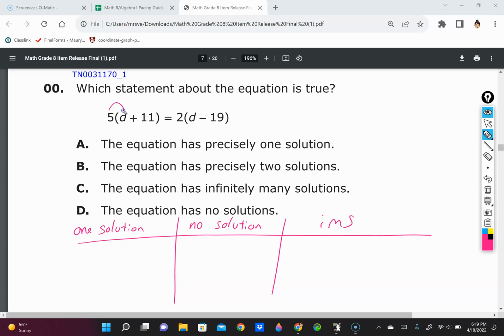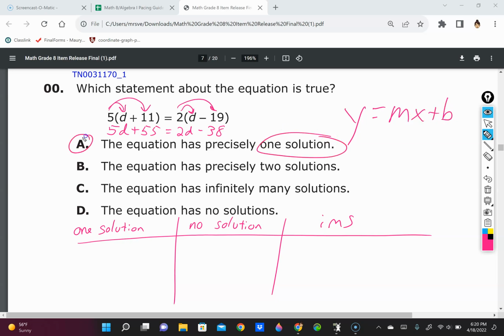In this particular example, when I distribute in the 5, I get 5d plus 55. On the other side, when I distribute in the 2, I get 2d minus 38. Notice that your slopes, and I'm talking about slope-intercept form, that your slopes are different. That gives me one solution. So this is a good example of one solution.